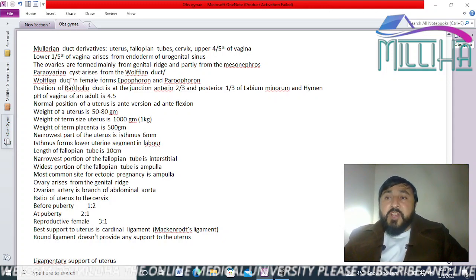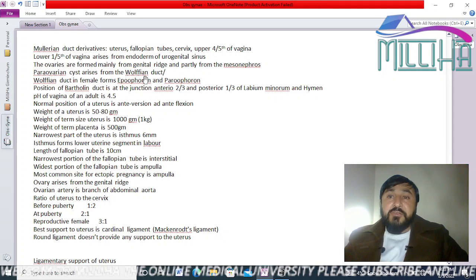Okay, para-ovarian cyst arises from the Wolffian duct. Para-ovarian cyst, the cyst around the ovaries, is formed from Wolffian duct. Actually, this is a remnant of Wolffian duct.